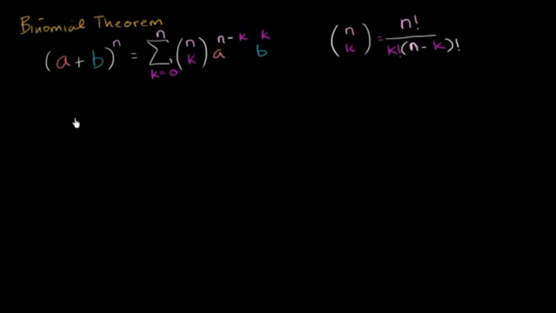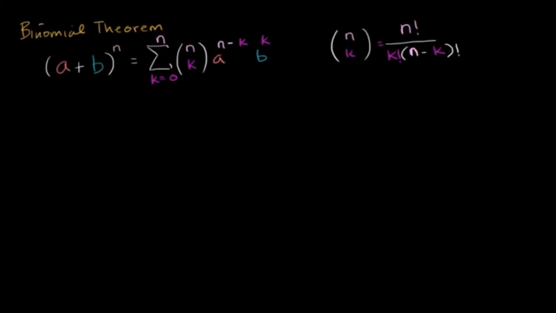So let's try to apply this. Let's just start applying it to the thing that started to intimidate us. Say a plus b to the fourth power. So let's figure out what that's going to be. I'm going to try to keep it color coded so you know what's going on, although it takes me a little bit more time to keep switching colors, but hopefully it's worth it. A plus b, let's take that to the fourth power.